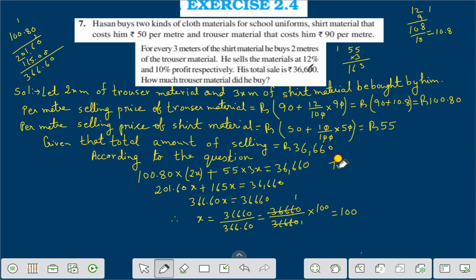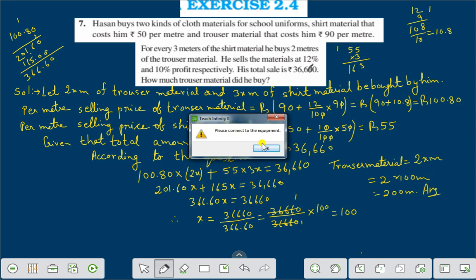Therefore, the trouser material is 2x meter. The value of x is 100, so 2 into 100 meter. Therefore it is 200 meter. This is the answer. How much trouser material did he buy?